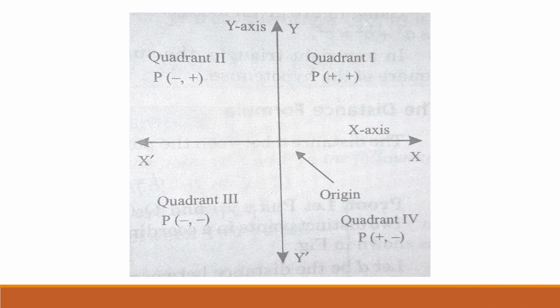Here we can see the horizontal line as the x-axis, the vertical line as the y-axis, and the four parts named as quadrants. In the first quadrant we have positive, positive; second quadrant negative, positive; third quadrant negative, negative; and the fourth quadrant positive, negative.